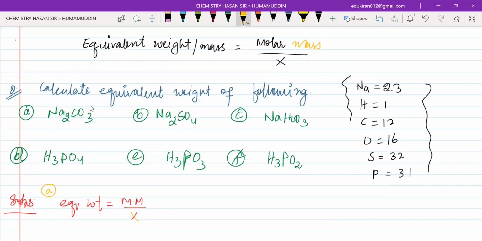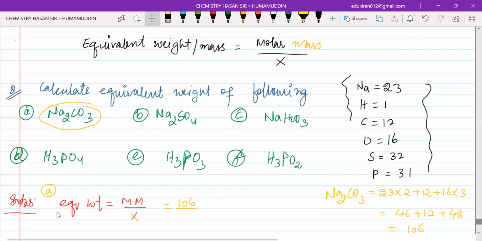I'm going to solve the A. Molar mass of Na2CO3. Sodium has atomic mass 23 into 2 plus 12 plus 16 into 3. So it will be 46 plus 12 plus 48. And if you solve it, you will get 106. So the molar mass is 106.